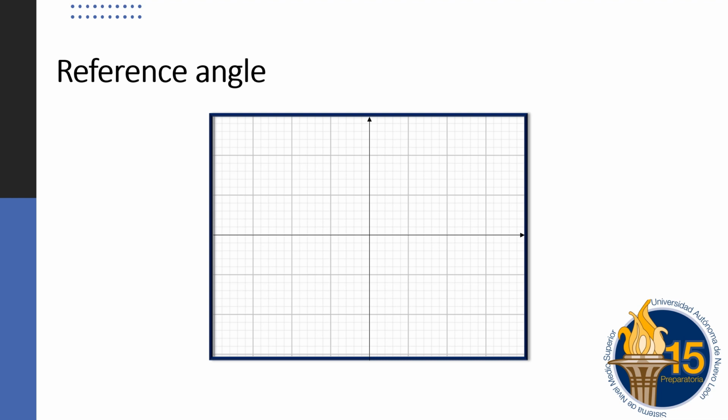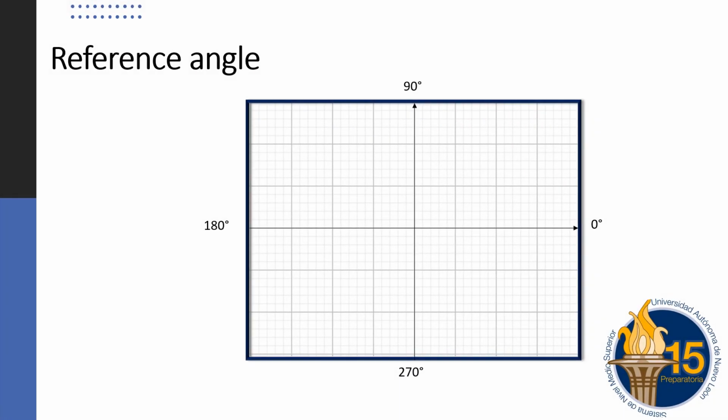Let's see. We have the Cartesian plane. Let's locate 0, 90, 180, and 270 degrees. In the first quadrant, we have, for example, the angle 42 degrees. This is an acute angle, and it is the one closer to the x-axis. But if we have the angle 125 degrees, its terminal side is in quadrant 2.